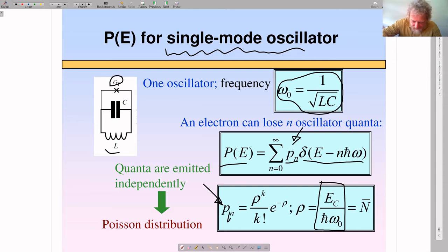Oh, there has to be k here, sorry. This parameter is the ratio of the charging energy associated with this capacitor and, well, the frequency of the oscillations.